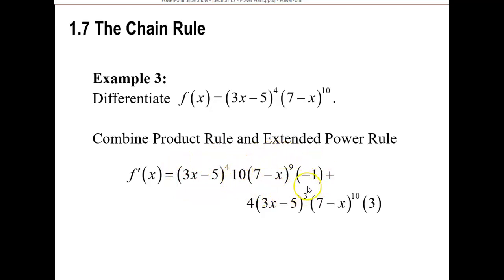the derivative of the second using the chain rule, plus this time we take the derivative of the first, which is 4, leave that inside to the third, times the inside derivative 3, they put that back here, times the second, right? So the second term of our product rule is our second function left alone, which is right here.